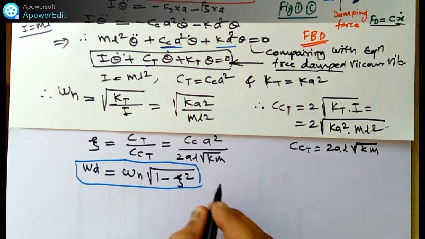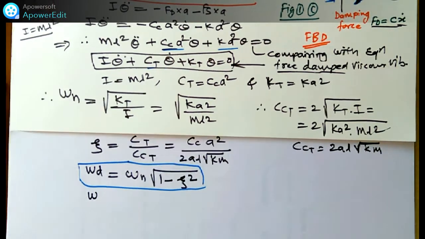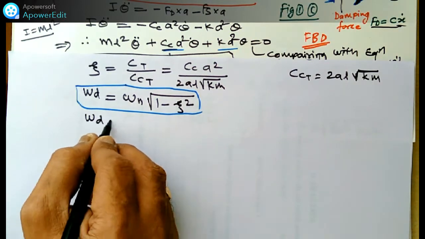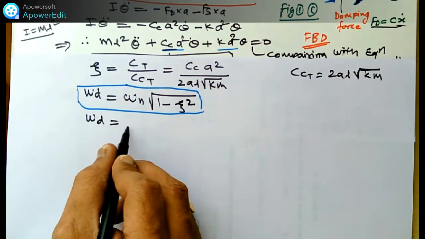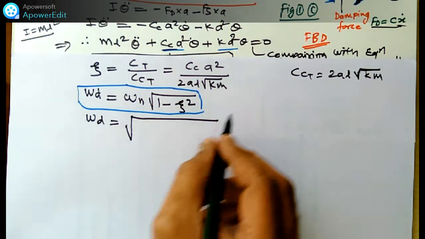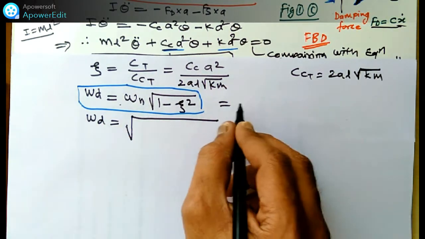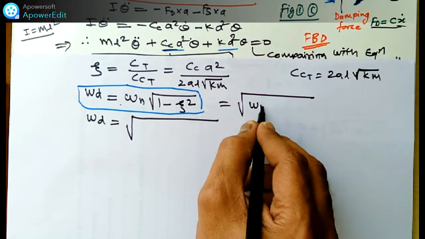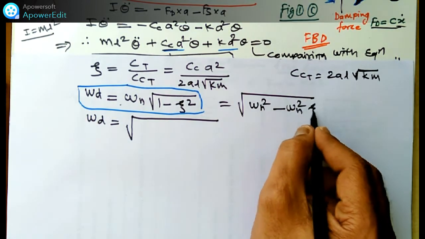We can find out this damped equation. I will write inside bracket. This equation we can write here, under root of omega n square minus omega n square into zeta square. This equation we can write in this form also. Just take this omega n inside this square root, you can write like this also.